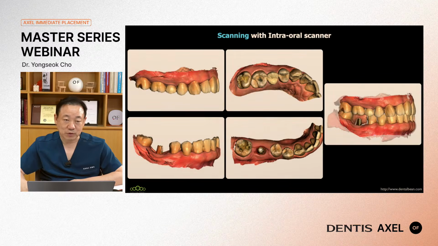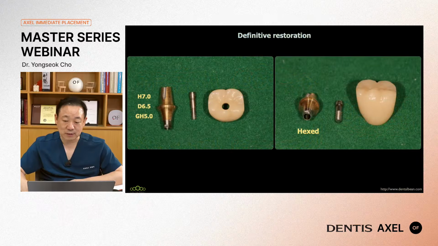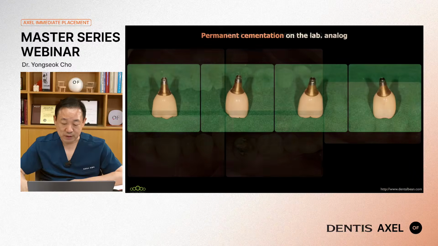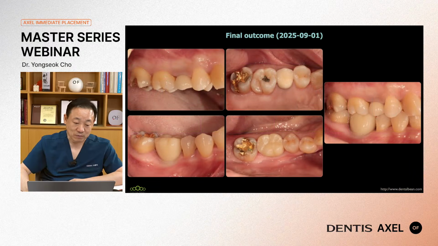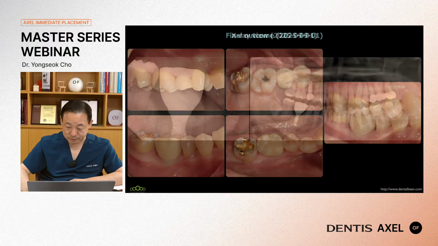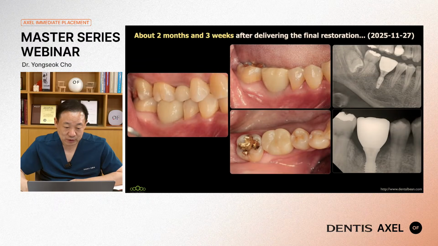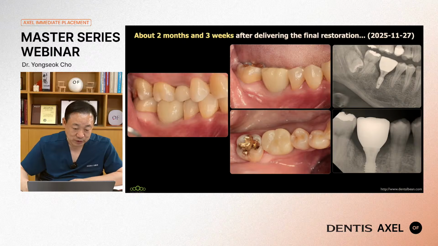started the prosthetic process, and with a stock abutment, the crown was fabricated. Here is the final outcome of this case. And this is 2 months and 3 weeks after delivering the final restoration.